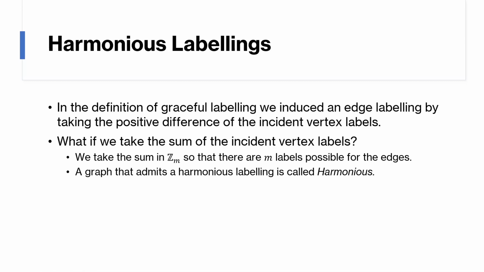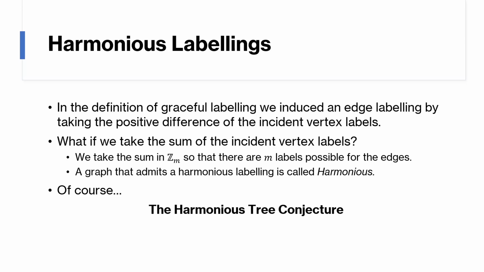A graph that admits a harmonious labeling is called harmonious. And so, of course, we have the harmonious tree conjecture: every tree is harmonious. Again, this is a nice topic to work on because you can look at a lot of different trees and give harmonious labelings, determine classes of trees that are harmonious, and look at the history of this topic. So this is a fun one.